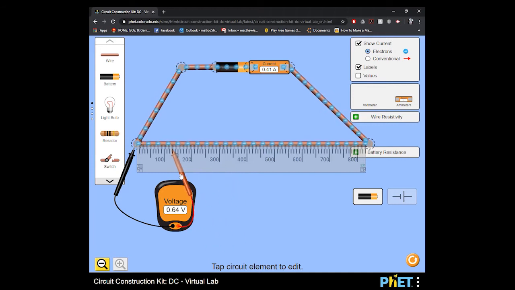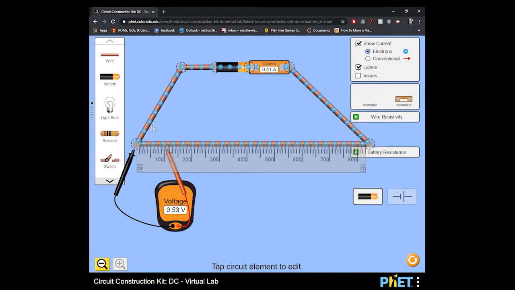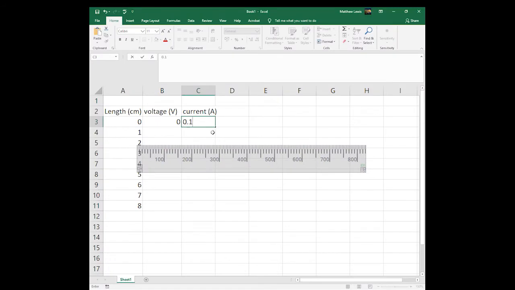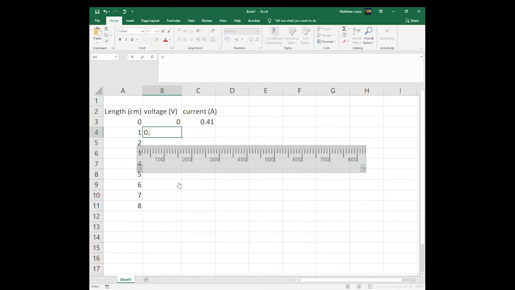At every length, you record your current and your voltage in your table. At length 0, current wasn't 0, current was 0.41. And for length 1, it's 0.54.